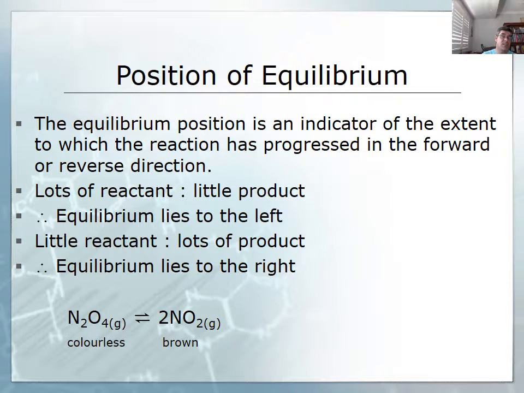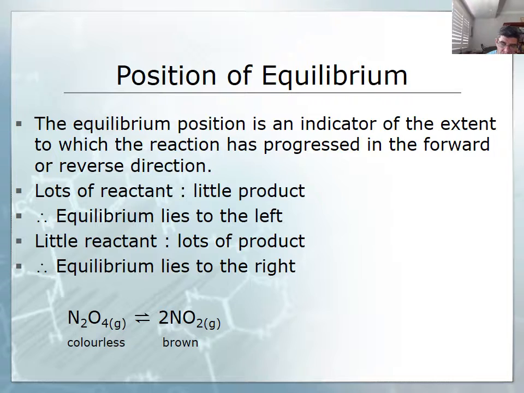So the position of equilibrium is what actually relates to the amount of the different substances. One of the things that we use to describe whether or not the equilibrium is in the middle, if you like, or whether it lies to the right or the left, is to compare the amount of each of the substances at the equilibrium position.